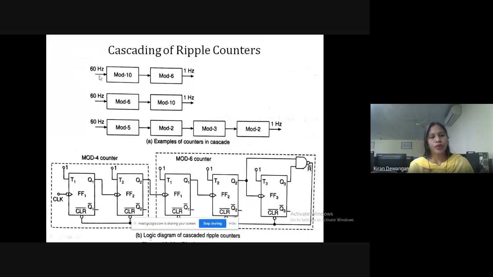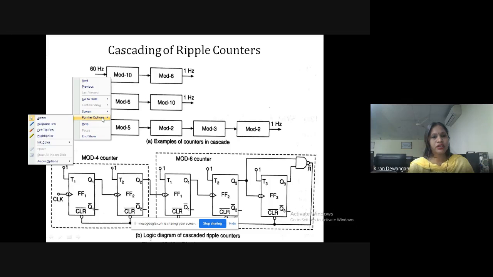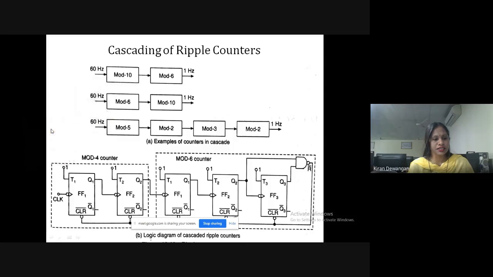Okay, so when we are giving 60 hertz to a mod 10 counter, here I'm having a mod 10 counter, what would be the output? The output will be 6 hertz.